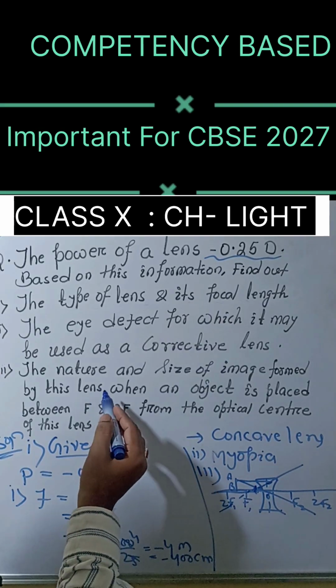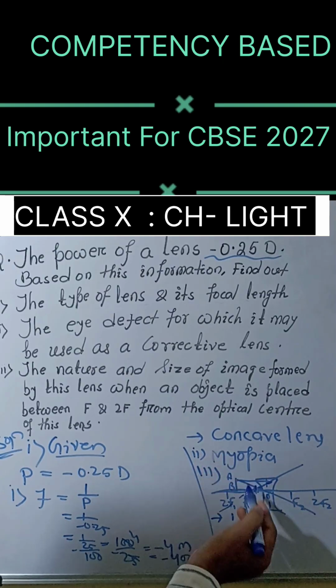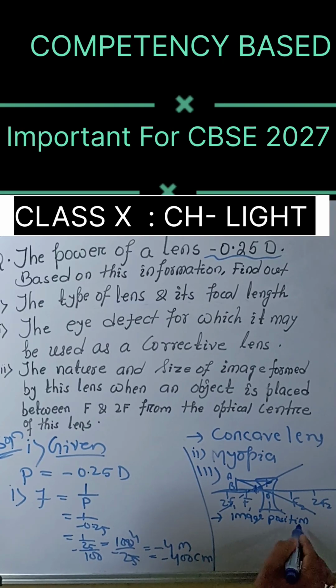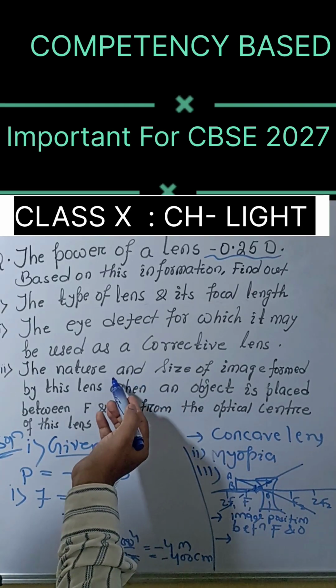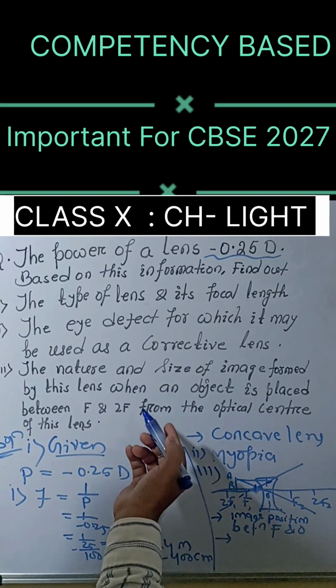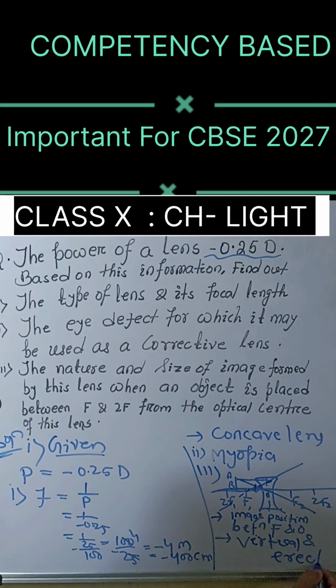So the image will form between the optical center and the principal focus. So image position is between F and O. Then it is asking the nature. As a concave lens generally forms a virtual image, the nature is virtual and erect, because a virtual image is always erect, right? So the nature of the image is virtual and erect, right?